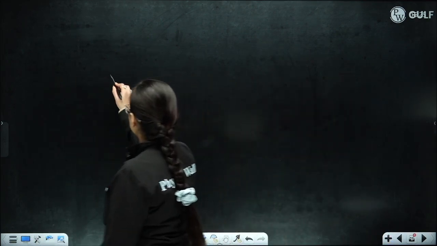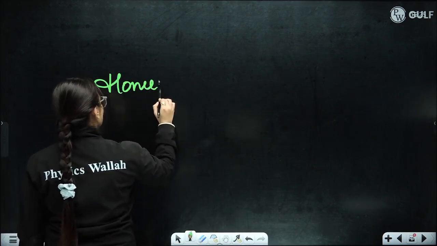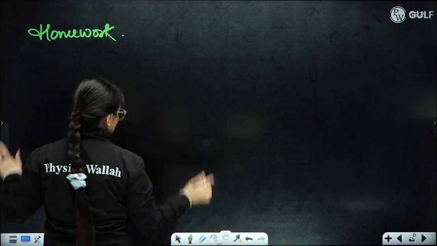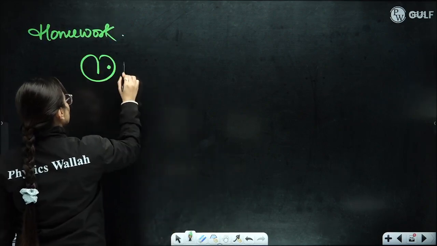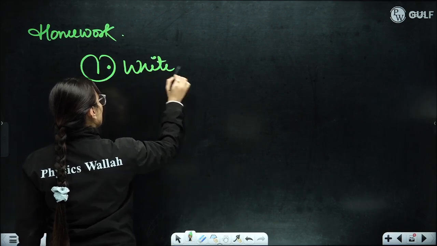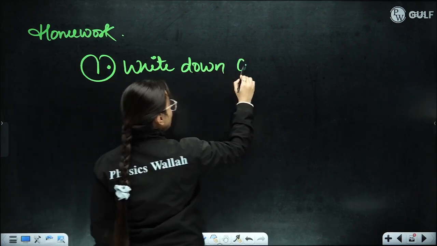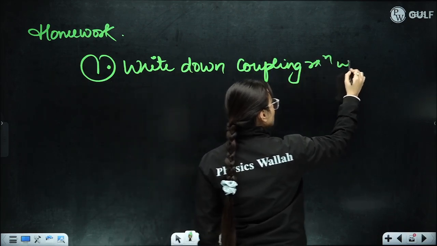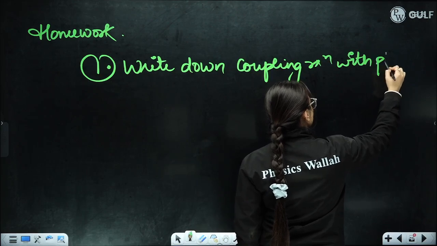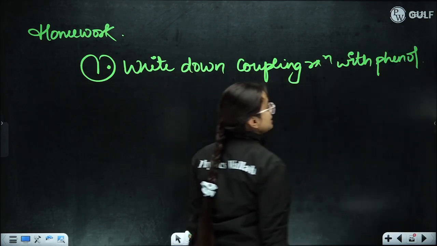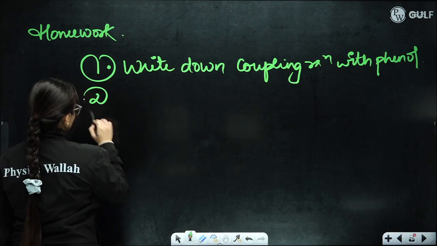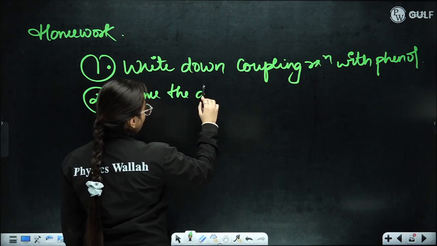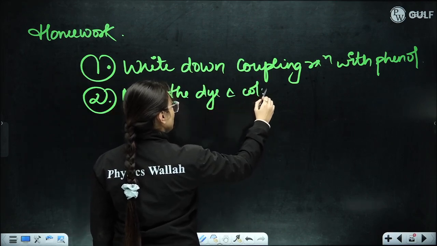Now, there is one homework question for you people. First, write down the coupling reaction with phenol. Second homework question is to name the dyes and the color of both.